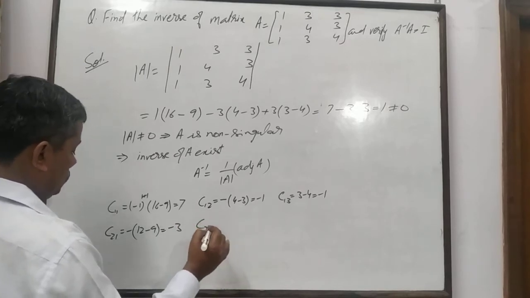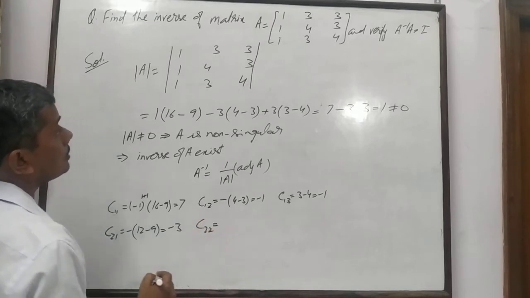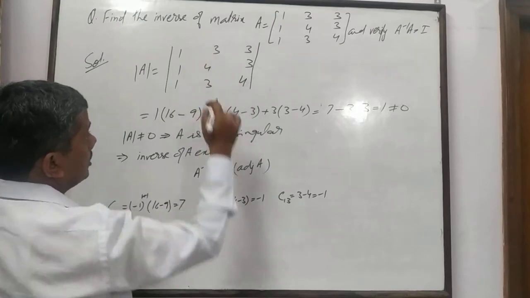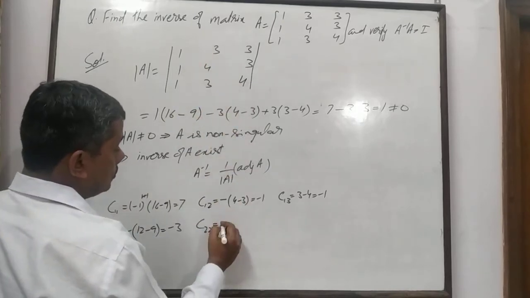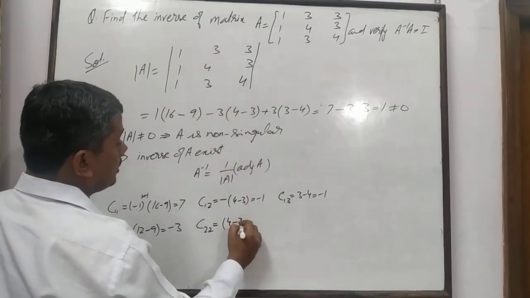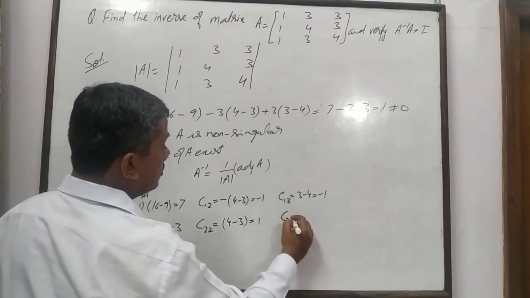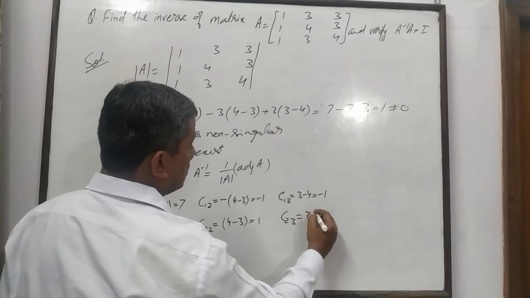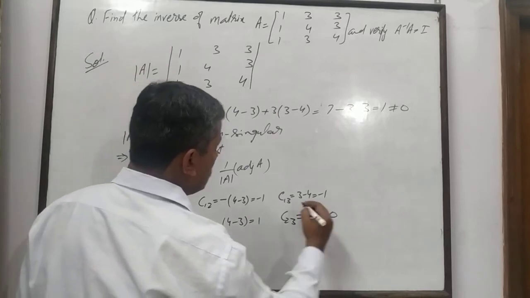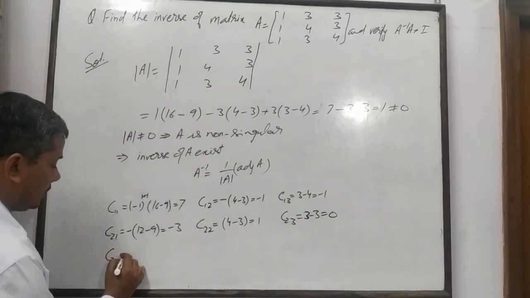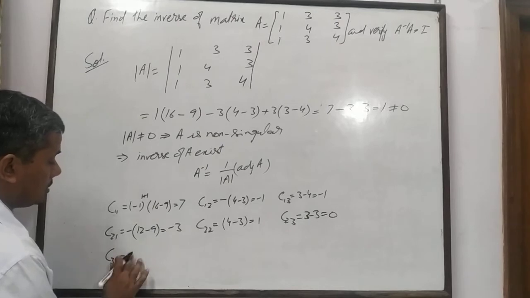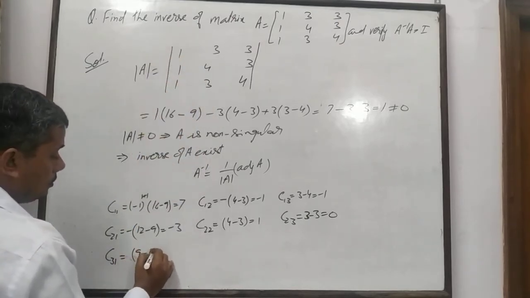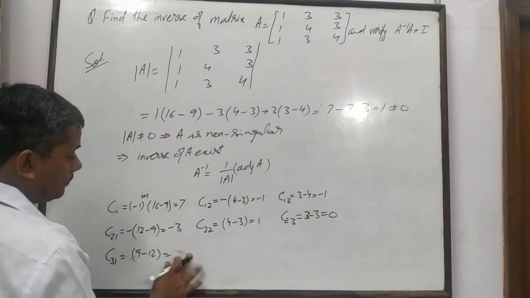C22, second row second column, it is 4 minus 3, which is 1. C23, second row third column, it is minus of 3 minus 3, 0. C31, third row first column, it is 9 minus 12, minus 3.